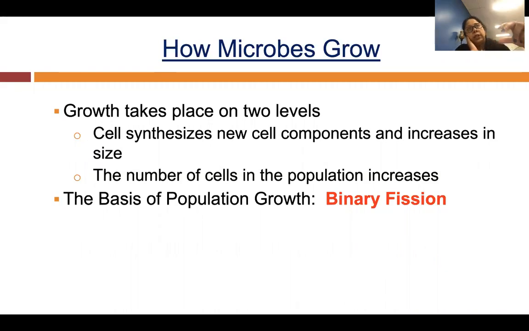The word fission means when the parent cell splits into two cells. Binary means from one cell we are going to get two cells. Bacteria divide by the process of binary fission.